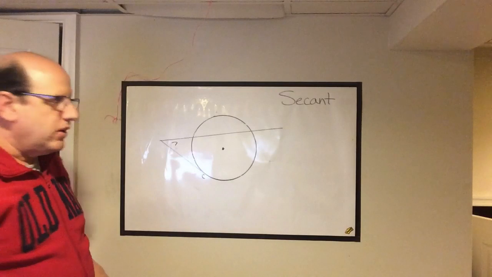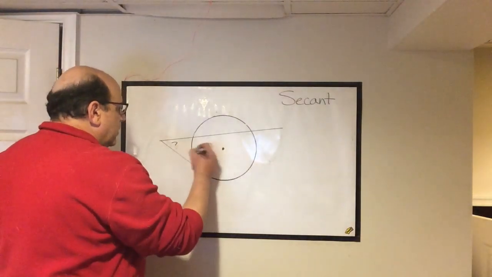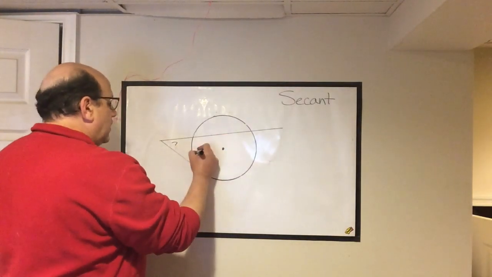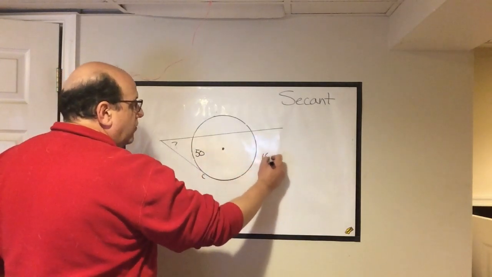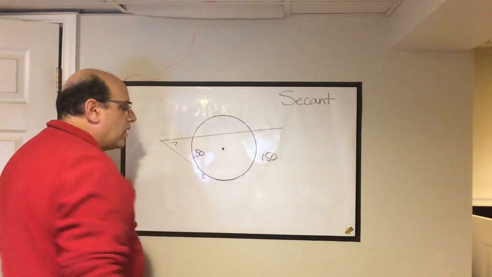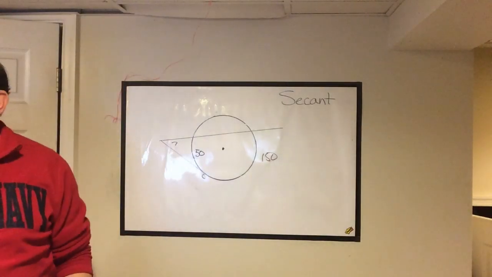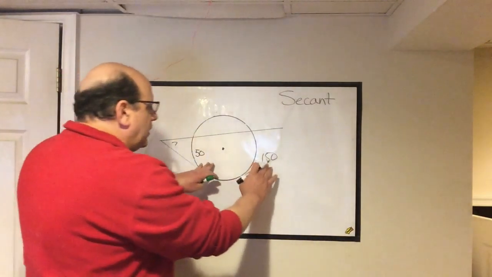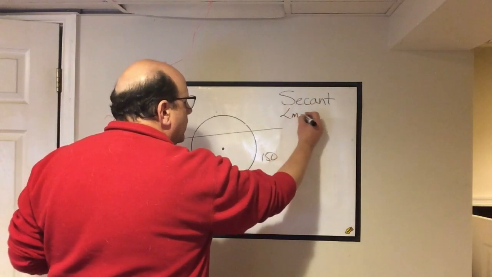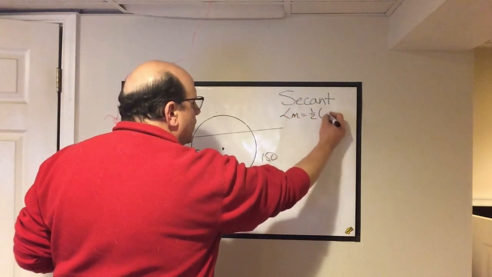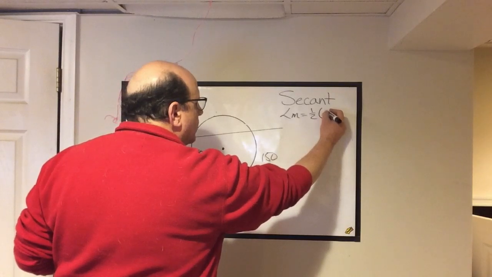Well, if you're given two of the arcs, let's say this is 50 and this is 150. I don't know why I'm using such easy numbers right now. You find the difference between these two. That's what the formula says. The measure of the angle equals 1/2 the difference between the two.